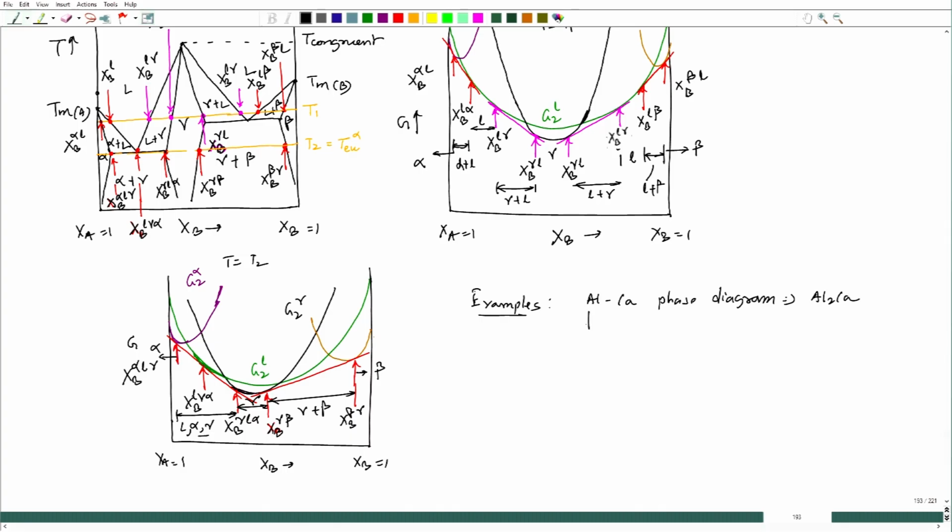If I try to see the melting points, this is 660 degrees Celsius, and here the melting point is around 842 degrees Celsius, and this congruent phase melting point is around 70 degrees Celsius. Another example is the aluminum nickel system phase diagram, where we have a congruent phase called aluminum nickel.